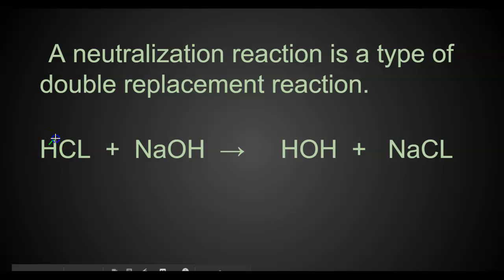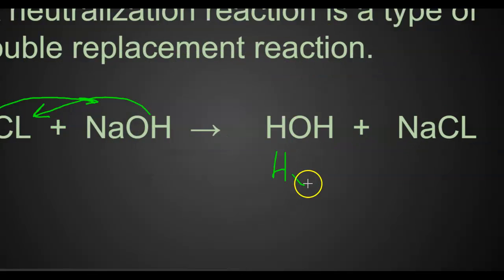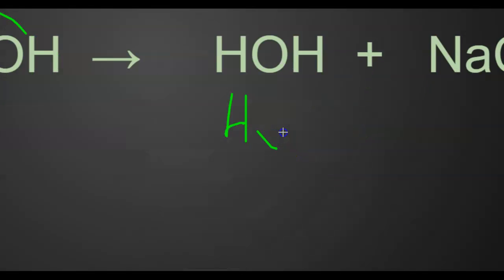So the hydrogen trades places with the sodium, and then the chlorine trades places with this, and you end up with this H2O plus table salt.